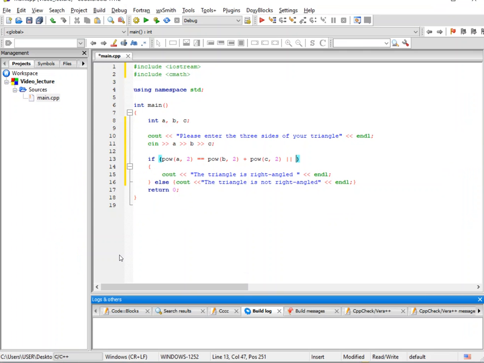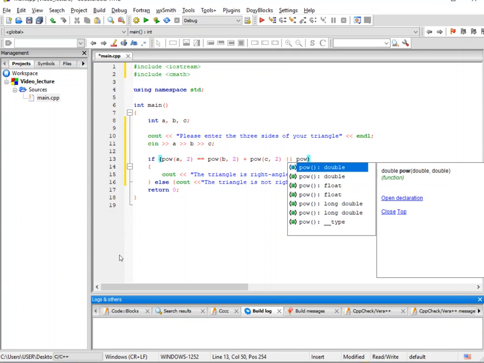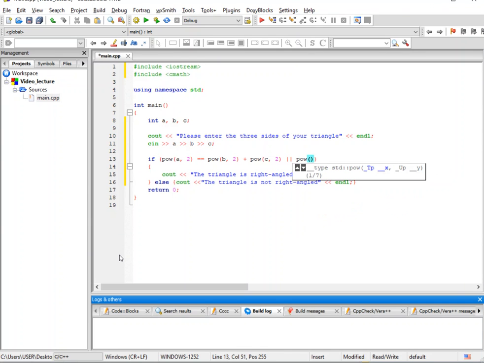So we'll take that if the power of B to 2, B squared will be equal to, we said A squared plus C squared, yeah, C squared.